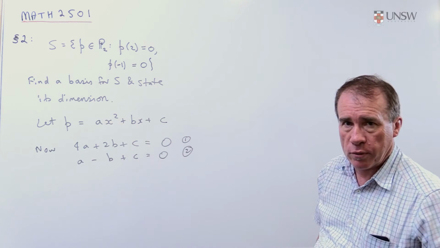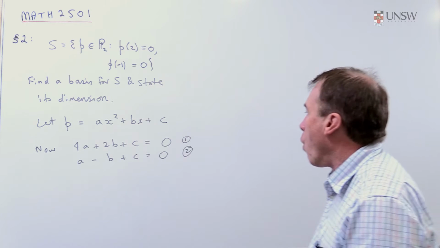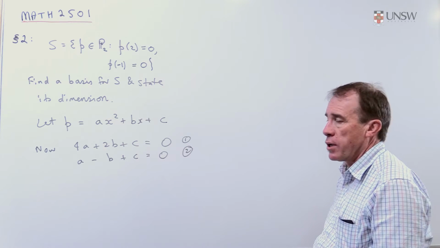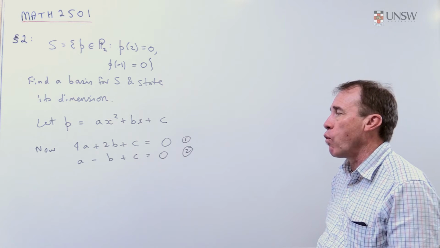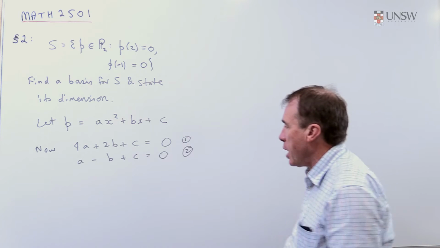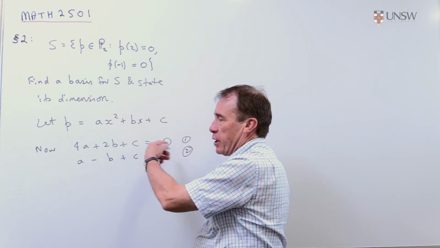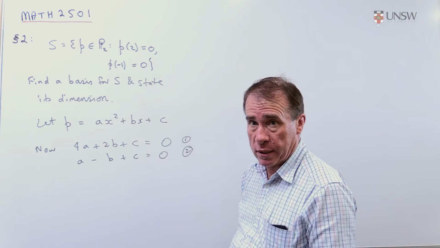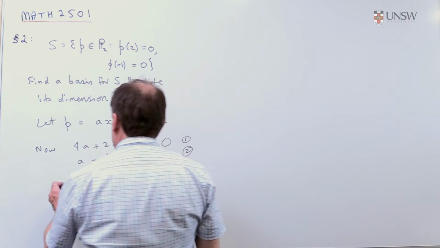Now what on earth do I do with the two equations? Well, I've got two equations with 3 unknowns in them, so it would be nice to get rid of one of the 3 unknowns. You can get rid of any one you like, it doesn't matter, but the easiest one to get rid of is probably c in this case. So I might just subtract these.